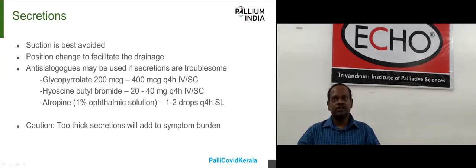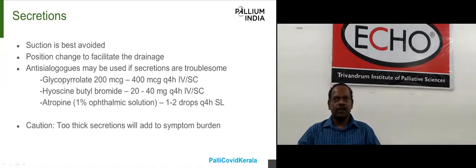And if it is not responding to these non-pharmacological measures, we can use anti-secretory medications. Glycopyrrolate 200 to 400 microgram every 4 hourly, intravenously or subcutaneously. Or hyoscine butylbromide, which will not cross the blood-brain barrier, in the dose of 20 to 40 milligram 4 hourly, intravenously or subcutaneously.